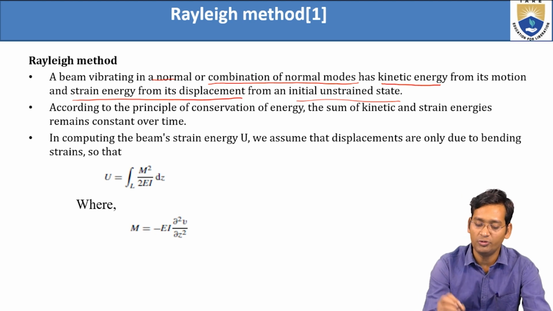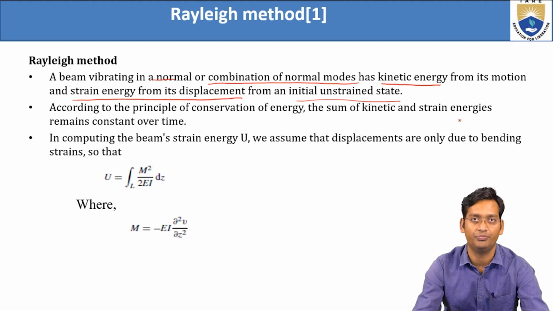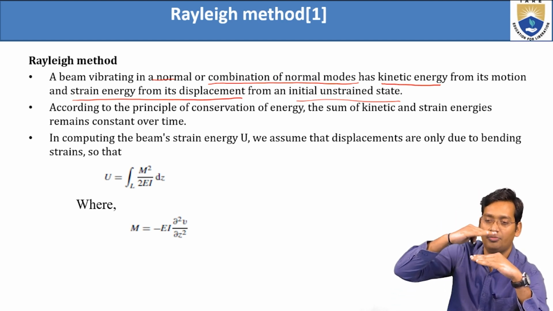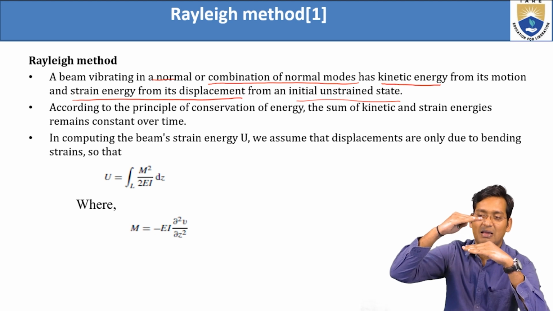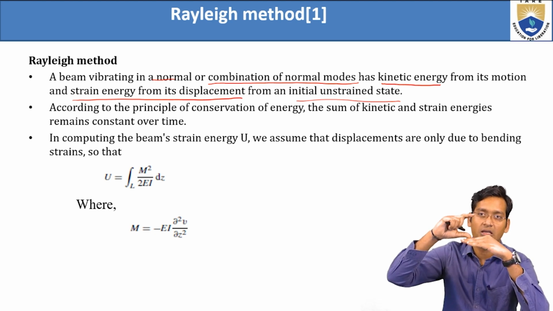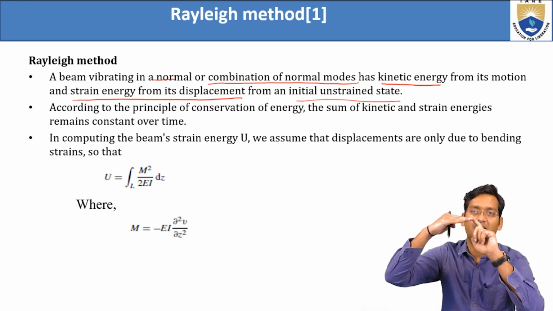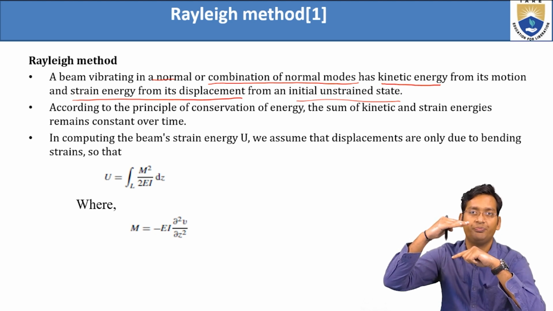According to the principle of conservation of energy, the sum of kinetic and strain energy, once they have the motion, suppose it started from here to here. At this maximum, once it reaches, it has the maximum kinetic energy. But once it reaches here, the velocity is 0, which means the total kinetic energy is converted to strain energy.